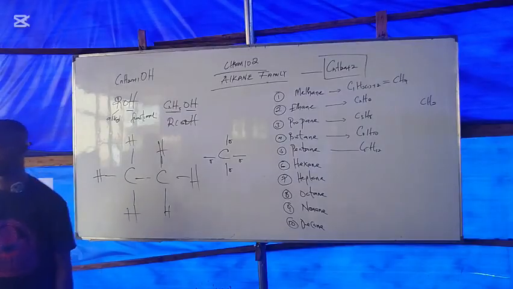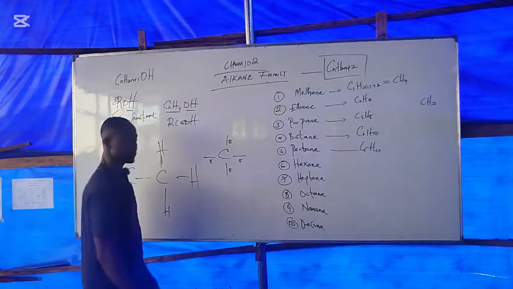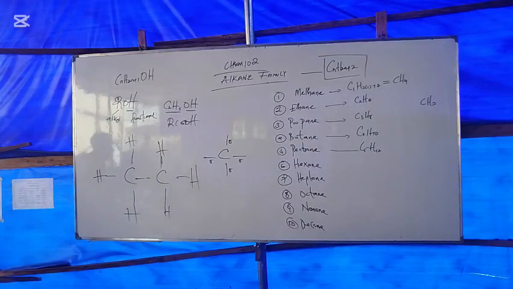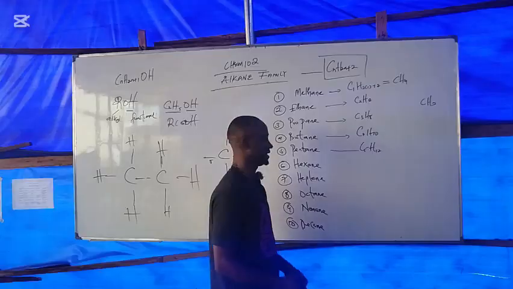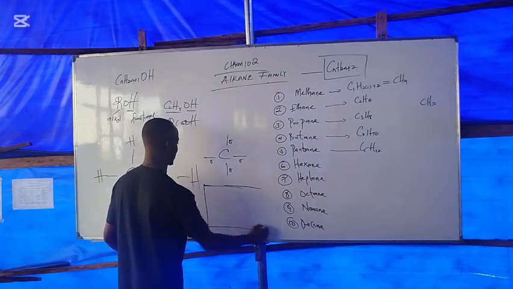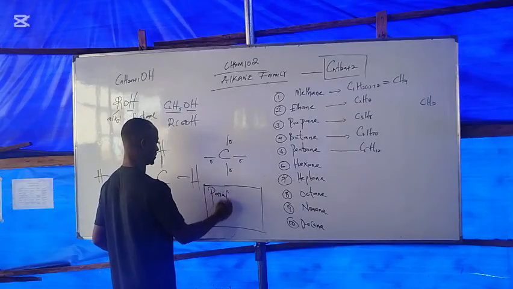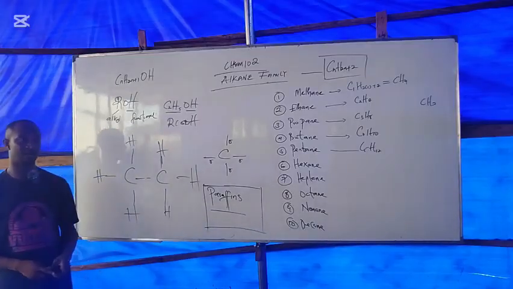Containing single bond between what? The atoms. They are also known as paraffins. I know you've heard about paraffin oil. Good. They are also known as what? Paraffins. Are you there?